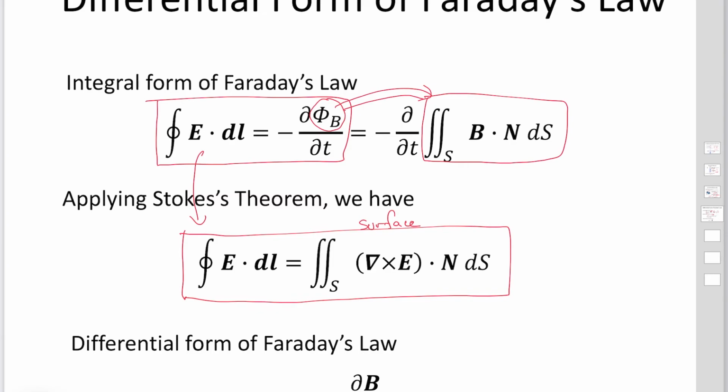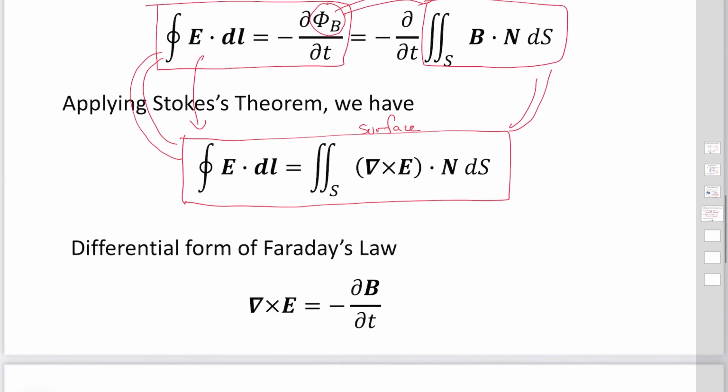Then the right hand side should be equal, because the left hand side is exactly equal. So from these equations we discover the integral over S of nabla cross E plus partial B partial t, dotted with n, dS equals 0.